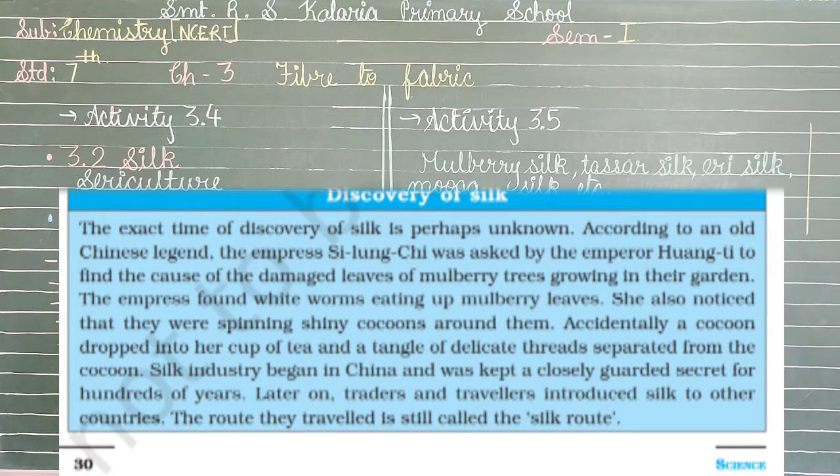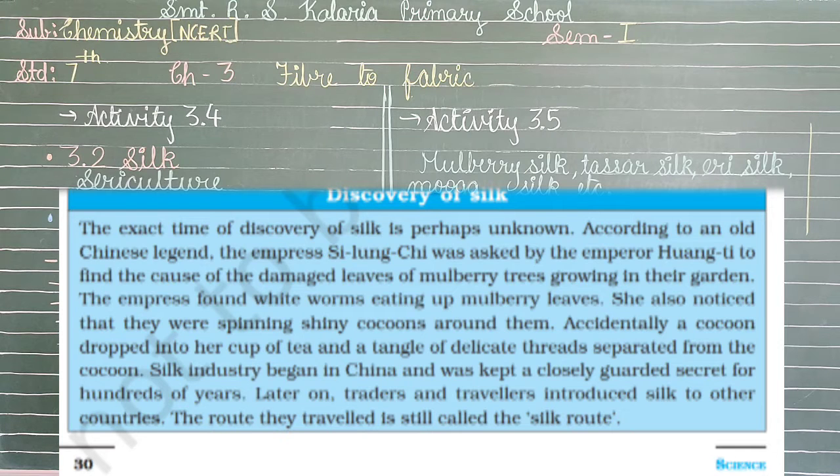The Empress found white worms eating the mulberry leaves. She also noticed that they were spinning shiny cocoons around themselves. Accidentally, a cocoon dropped into her cup of tea, and a tangle of delicate threads separated from the cocoon.